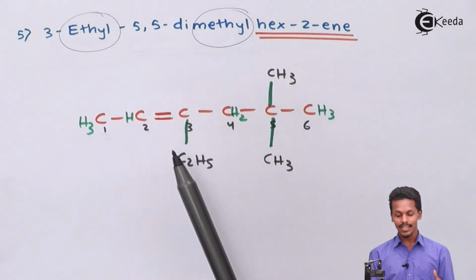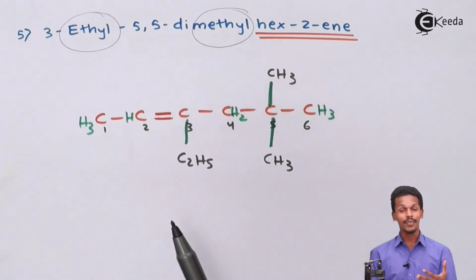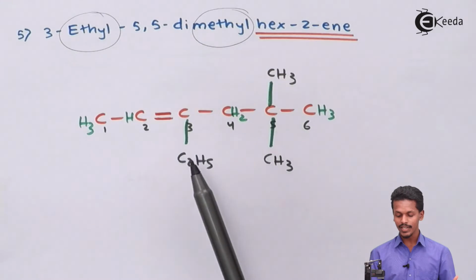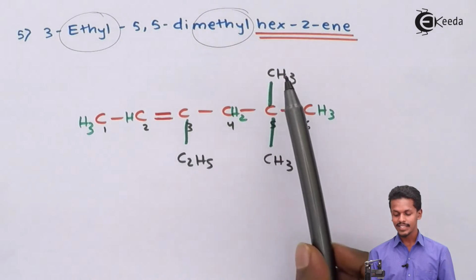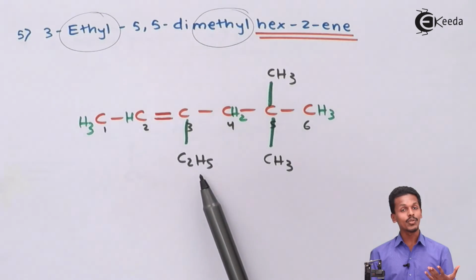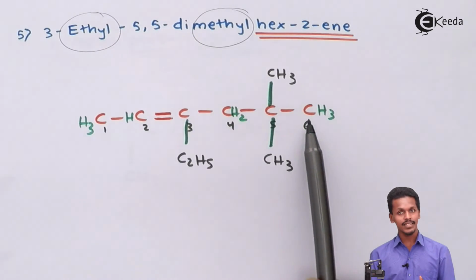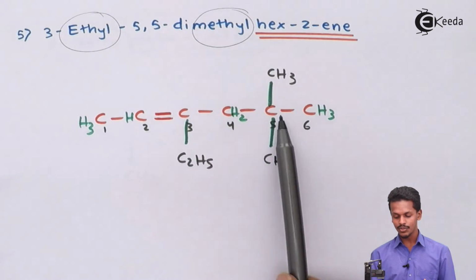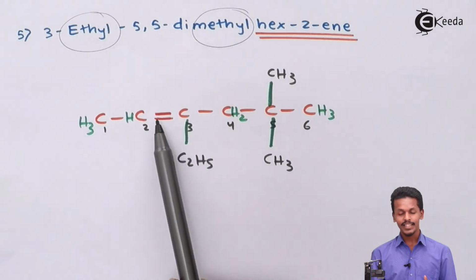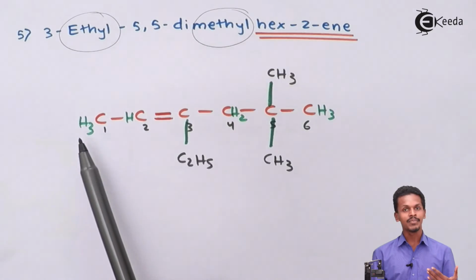And in this case, on the third and fifth, and again on the fifth, we could see the branching, or the substituents attached over here: C2H5 known as ethyl, CH3 known as methyl. So the third one has basically C2H5, that is the ethyl group. And how can we name it? Suppose we had numbered from this end, that is 1, 2, 3, 4, then the double bond would be far away from this end, but it is very much nearer to this end.